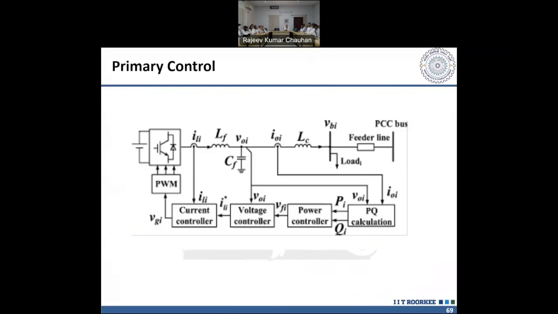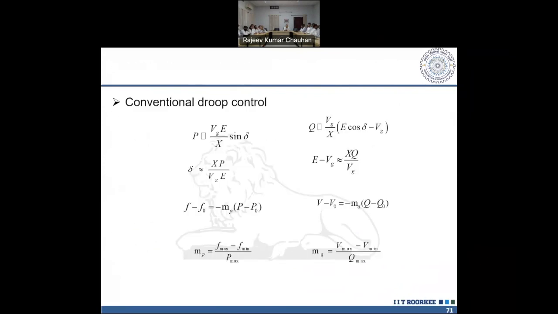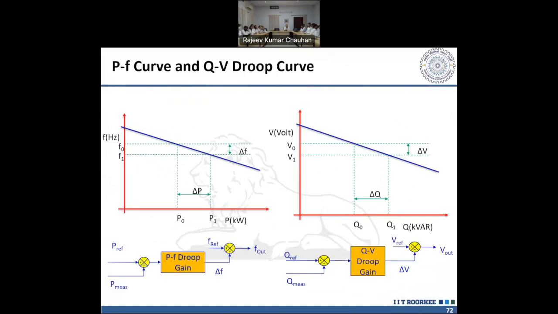Let us take one example for the voltage and the frequency. I'm talking about these two. As your real power is increasing, your frequency will fall down. This is called the droop.